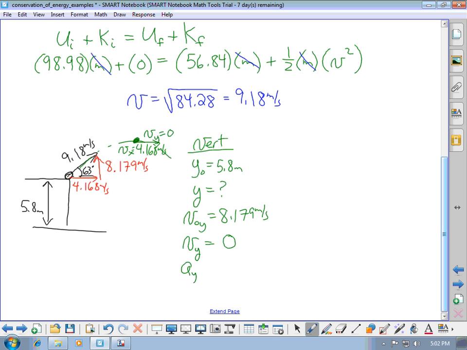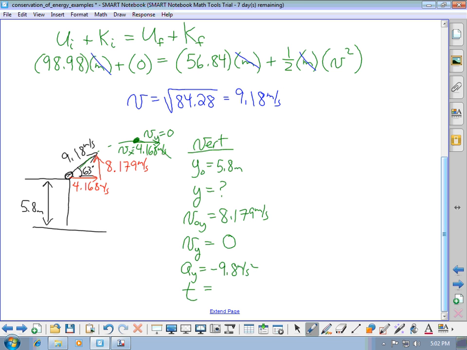Her vertical acceleration is negative 9.8 meters per second squared. And we don't know the time, and we're not going to end up using the time. Again, problems like this are very common where you have to use some other method, conservation of energy often, to figure out what the velocity is, and then it turns into a projectile motion piece.